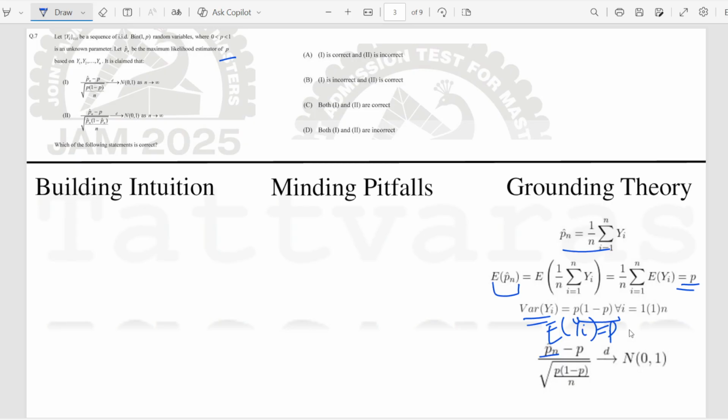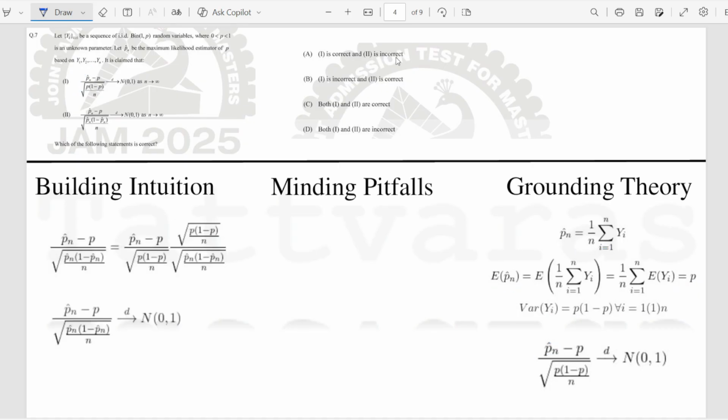Now, this was easy. Like, this part, maybe you could recall some theorem also, but slightly tricky maybe this part. When we look at this, we may think that this part in the denominator could go to this thing.